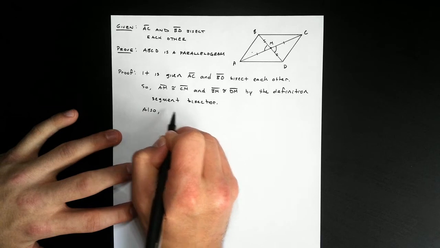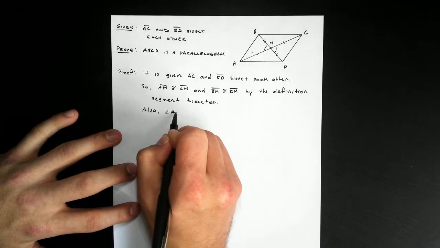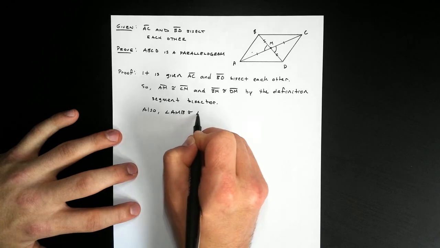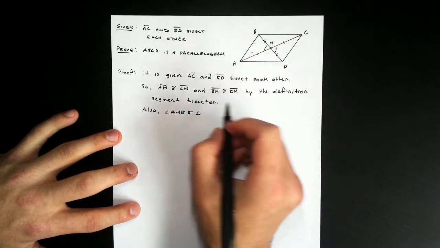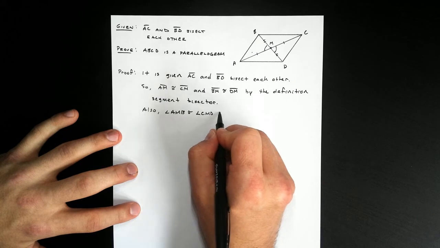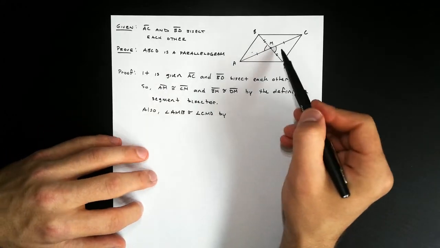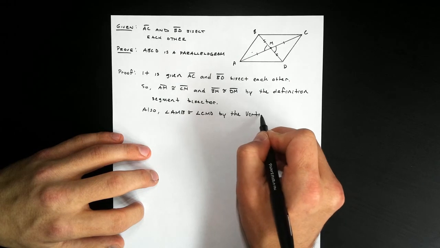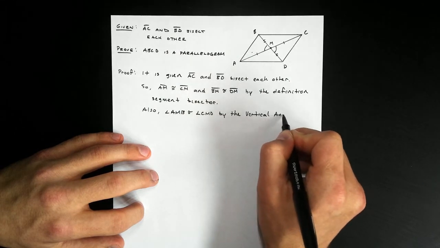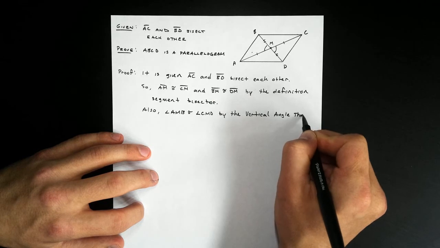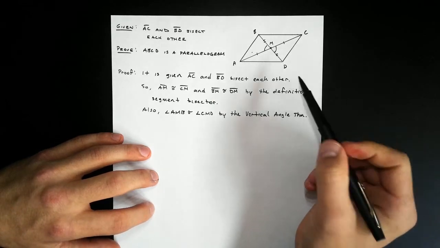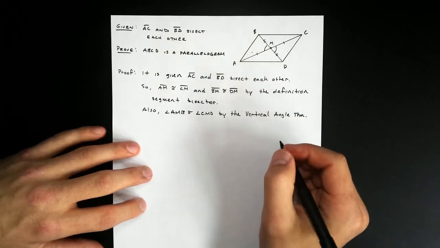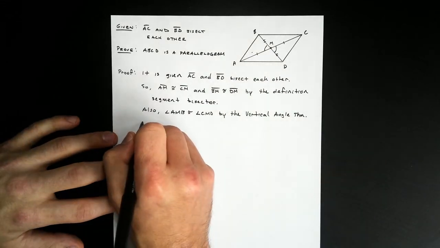So also we know that angle AMB is congruent to angle CMD, and that is the vertical angle theorem. And with that piece of information, we have 1, 2, 3, 1, 2, 3, so we know that these triangles are congruent.